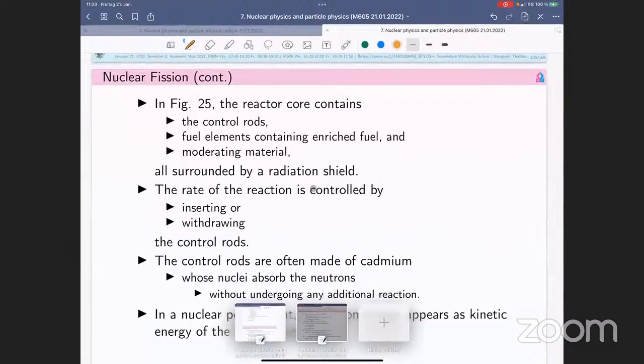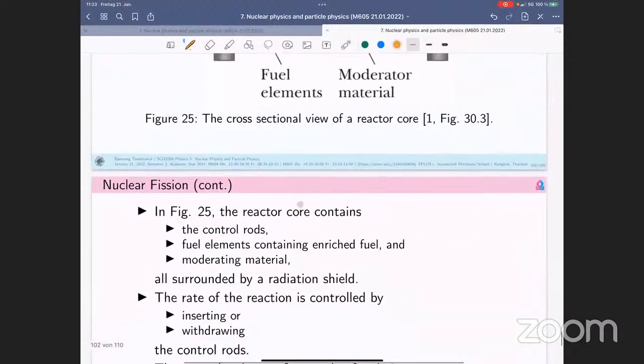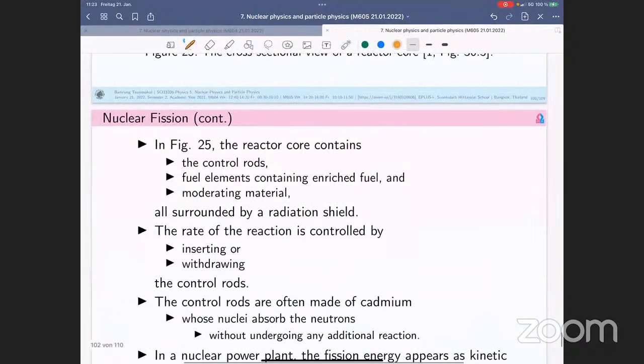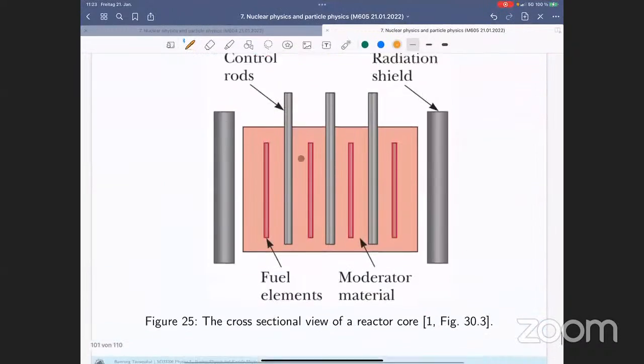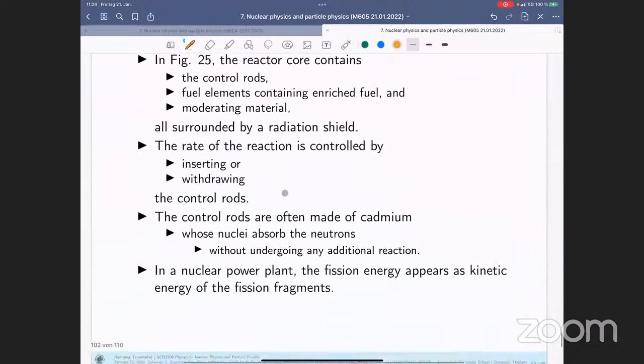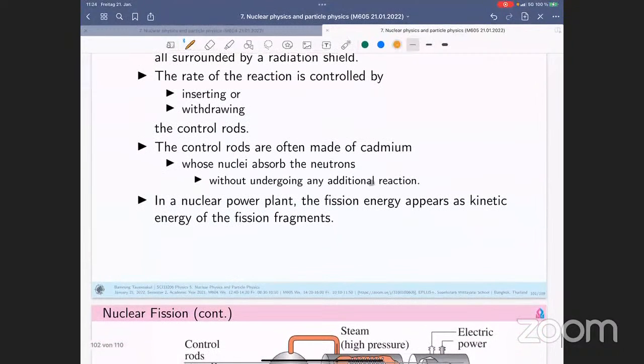We use cadmium for the controller. The gray one here is usually made of cadmium, and the nucleus of cadmium can absorb the neutron without any additional reaction.